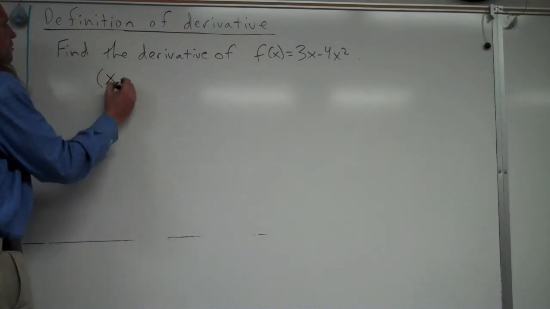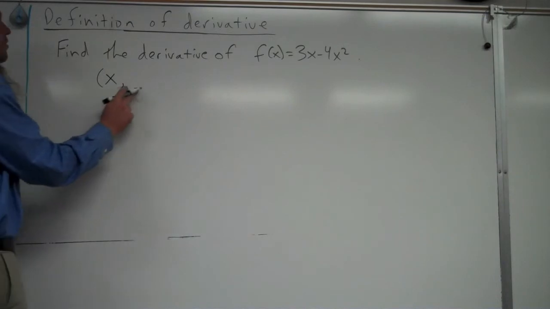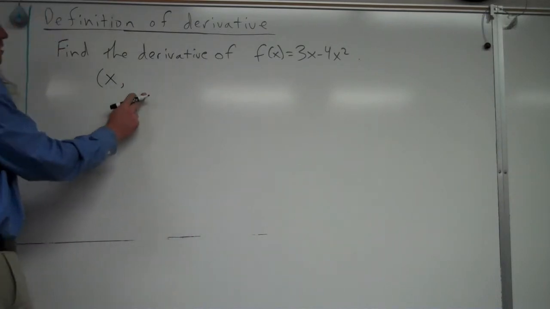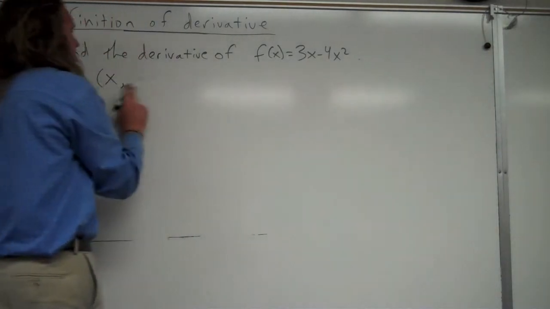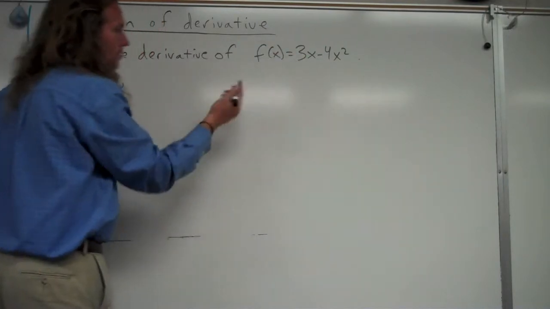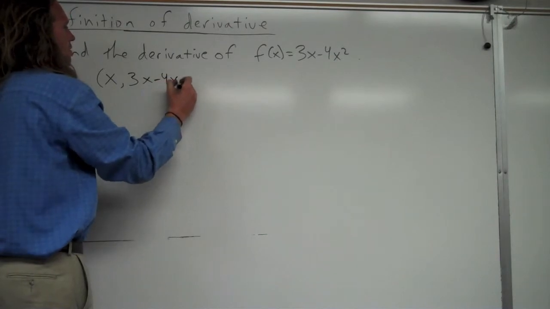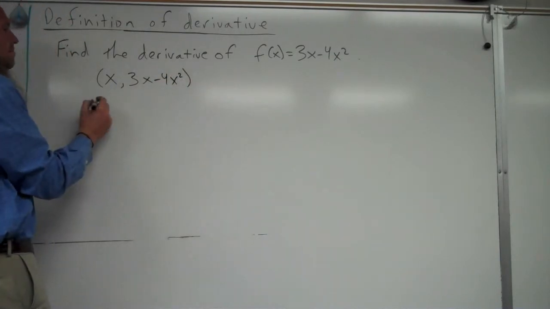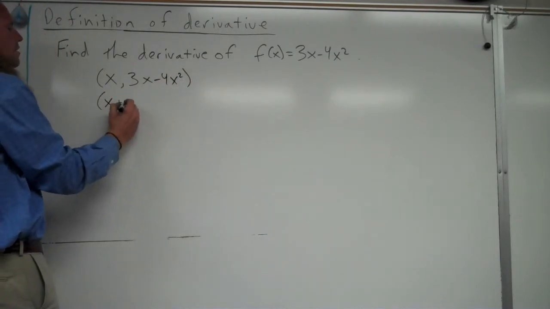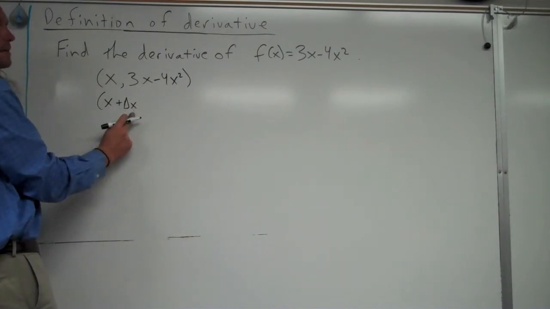Well, the x-coordinate will always be x, always. The y-coordinate, though, is going to change depending on our function. So basically you take x and plug it in, so the y-coordinate for your general point will just end up being what your function is. And then you're going to have your second point that is delta x away. So the x-coordinate will always be x plus delta x.